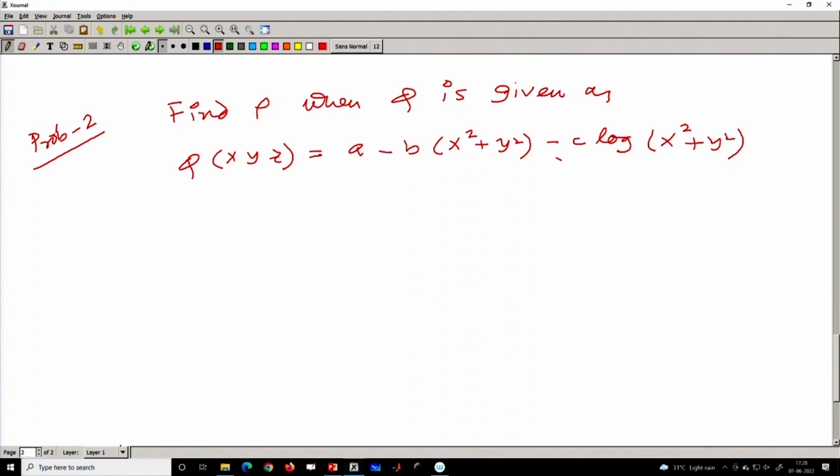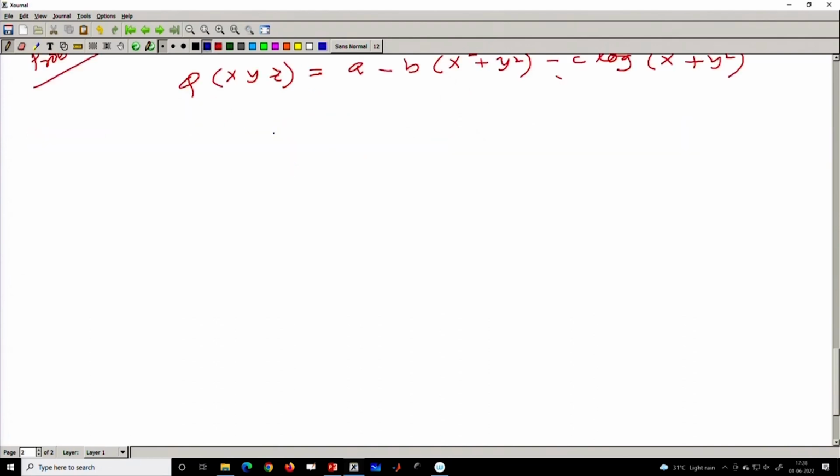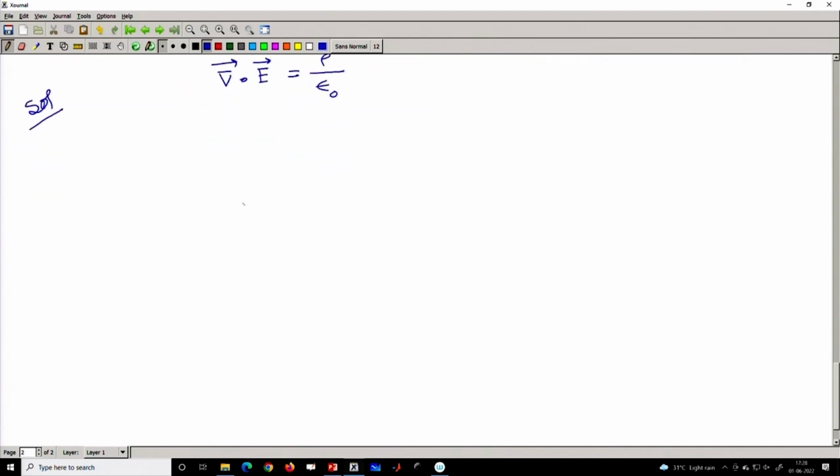So, the question is simple: the potential is given and we need to find out the charge density. Here we are going to use the expression that divergence of E is rho by epsilon naught, and we know that E is minus the gradient of phi.